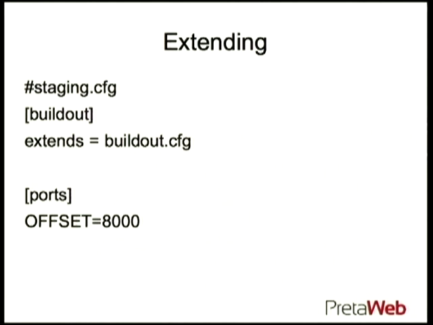Let's say we have a staging.cfg. Now suddenly this extends from that base buildout we've got, and we've just overridden this offset, and suddenly we've got our whole app stack running on a whole set of different ports. So it's a nice easy way to have a staging environment and production environment all running on the same machine, and they're not running on the same ports.